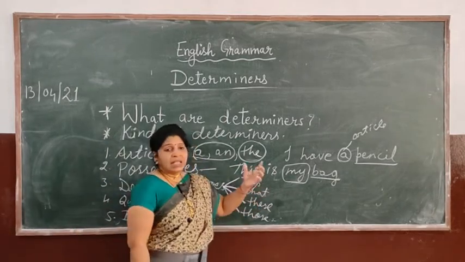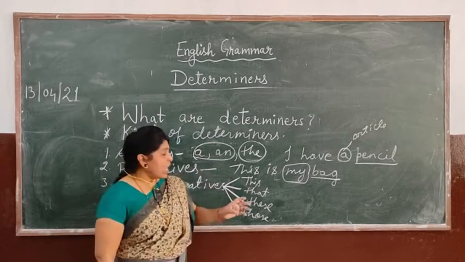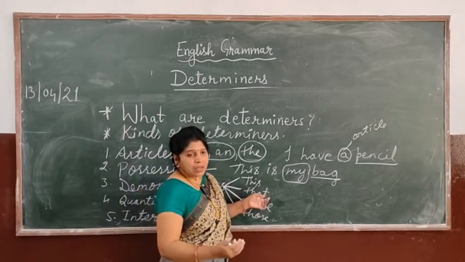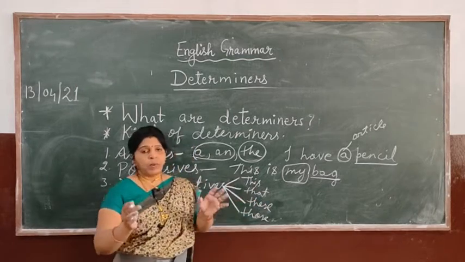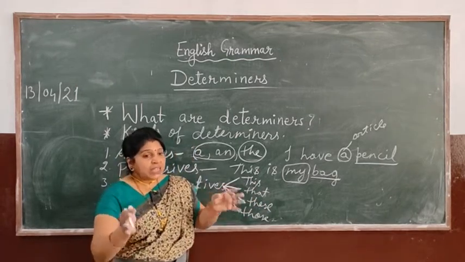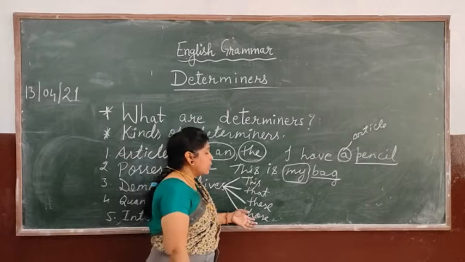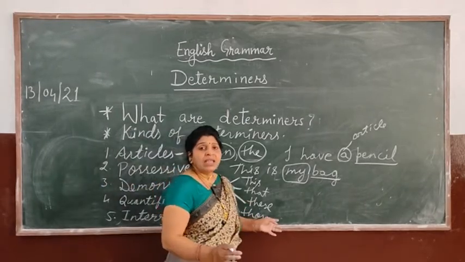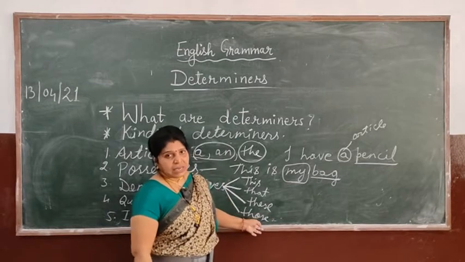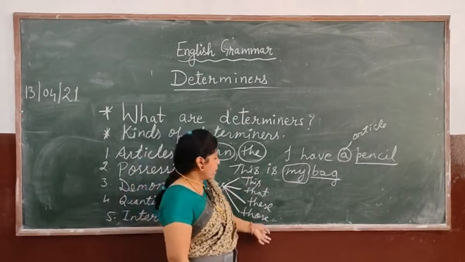That means the object is singular and away from the person. These means the objects are plural and near to the person, and those means the objects are plural and away from the person. Hope this is clear to you.